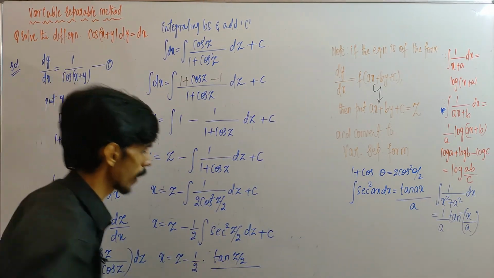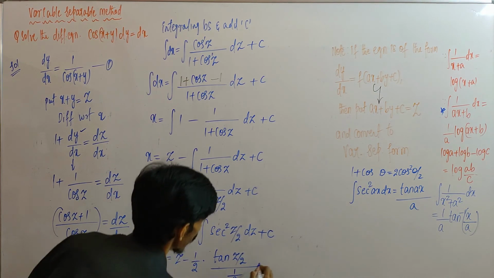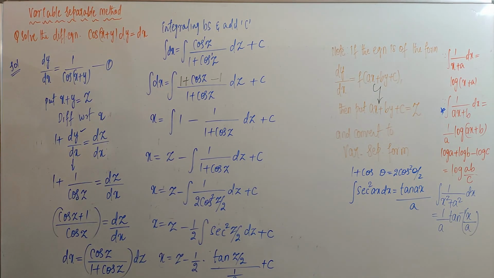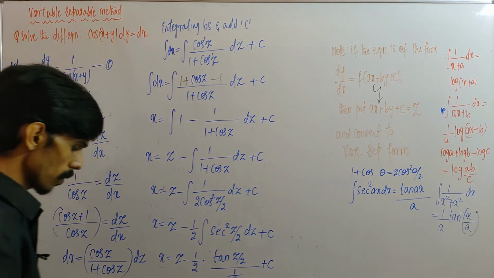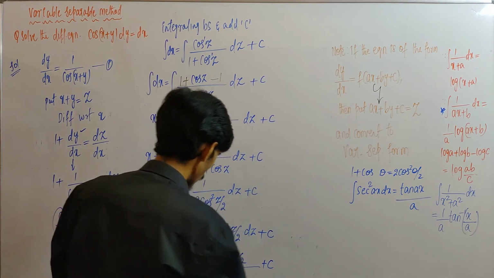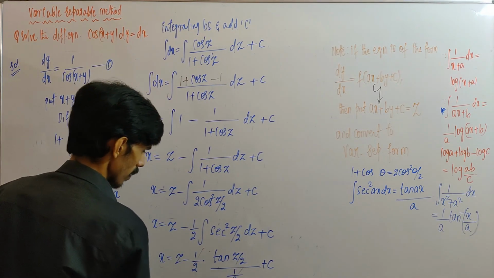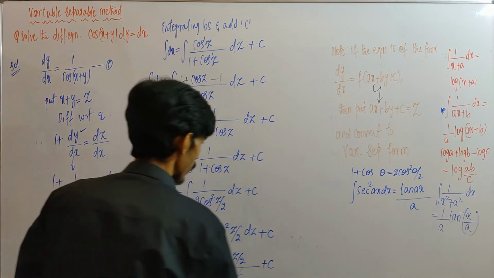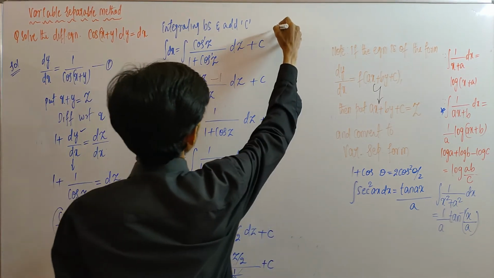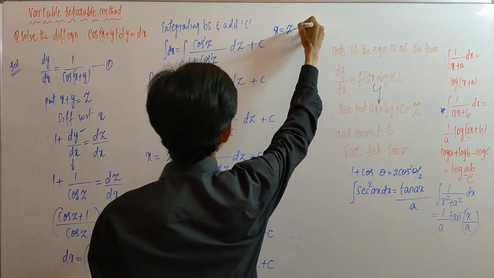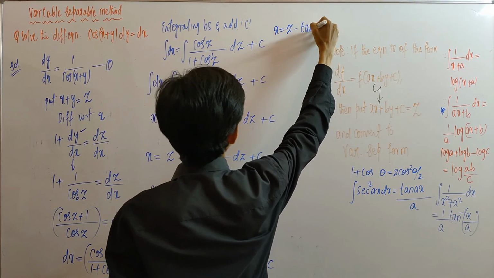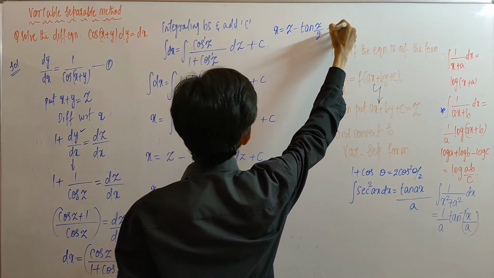So a value is 1 by 2. So 1 by 2 will come here plus c. Now this 1 by 2 and 1 by 2 will get cancelled. We have x is equal to z minus tan z by 2 plus c.